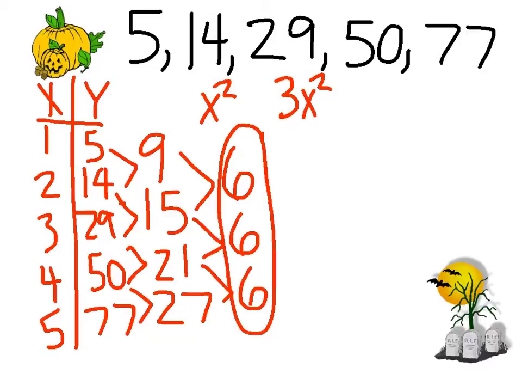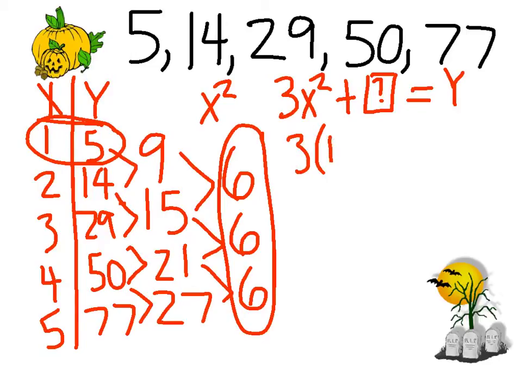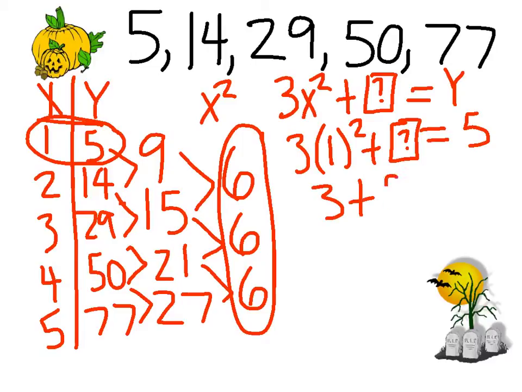So we're going to have 3x squared plus our number, which we don't know yet, is equal to y. We plug in one of our ordered pairs to find what our number is. So we plug in 1 for x, and we plug in 5 for y. 1 squared is 1 times 3 is just 3.